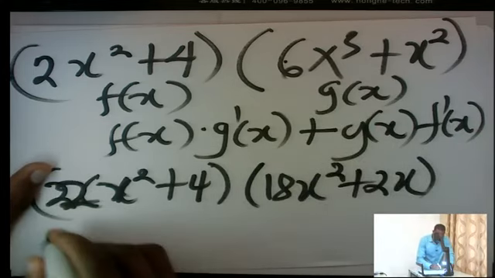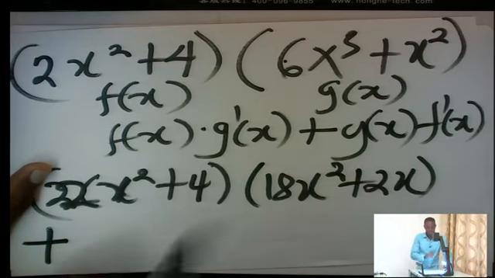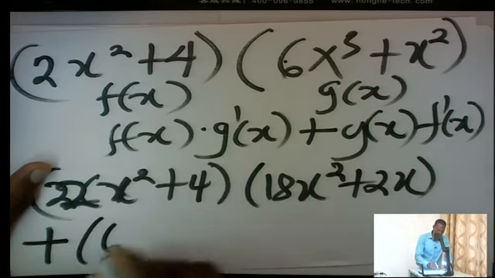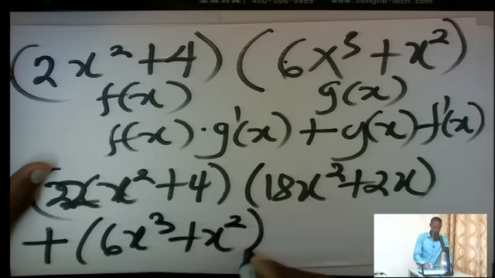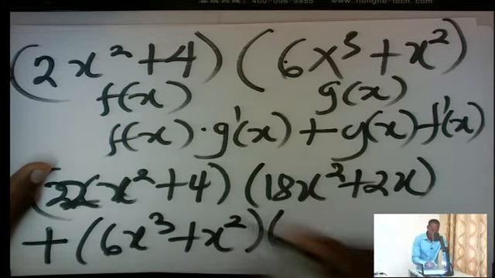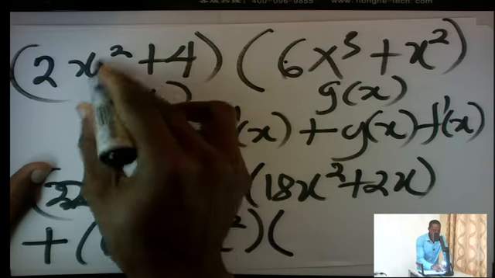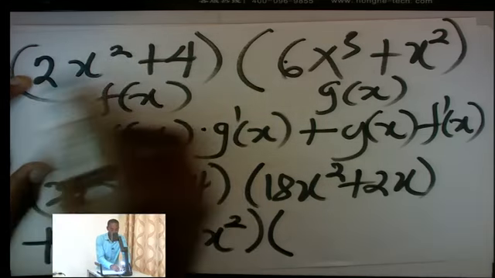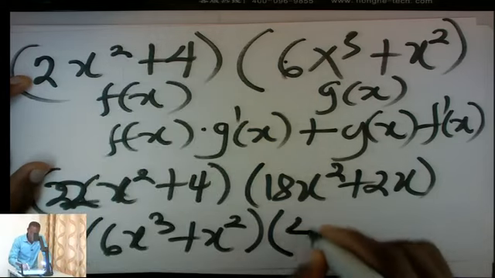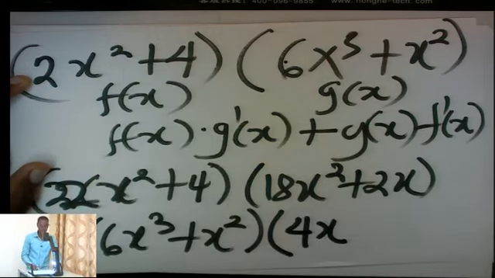Then it says I add it to, I'll now do the reverse. So now I keep my 6x cubed plus x squared, then I multiply it by the derivative of f of x. Now f of x here is 2x squared, so I multiply this 2 by this, and I have 4. Then I reduce the power by 1, so now I'm going to have 4x. See it?